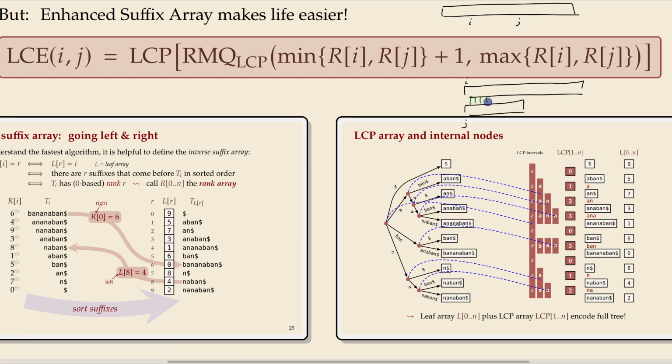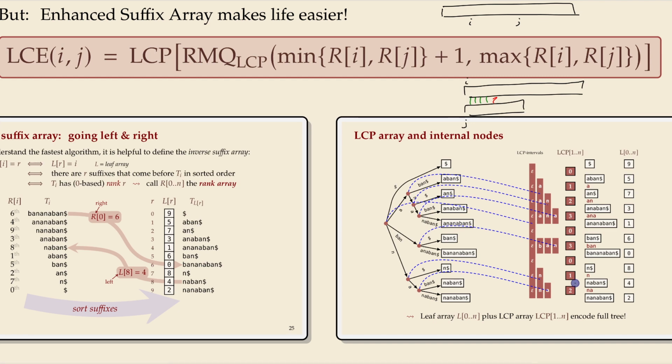And we ask how many positions can I find there where they're equal before they differ. So that's the longest common prefix query, but between arbitrary suffixes. We don't necessarily have them nicely adjacent. But if you look at this alphabetically sorted list, you notice it's not really that far away.